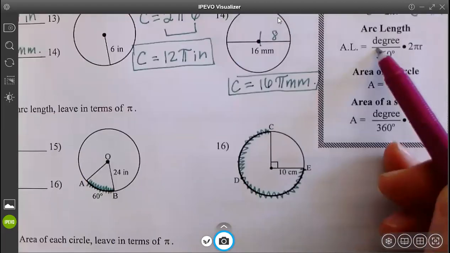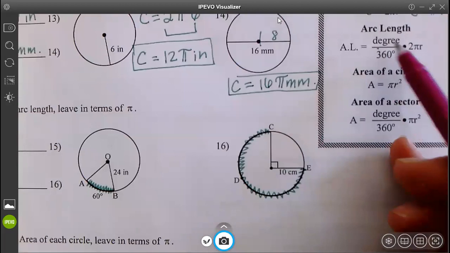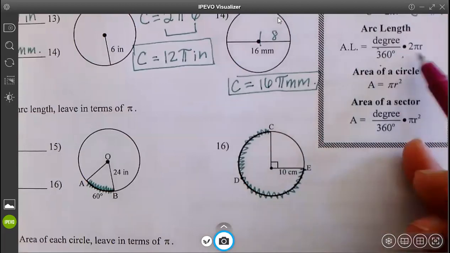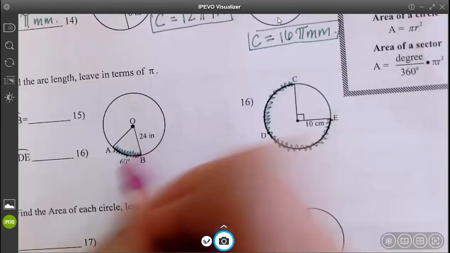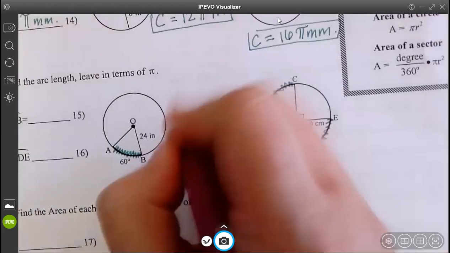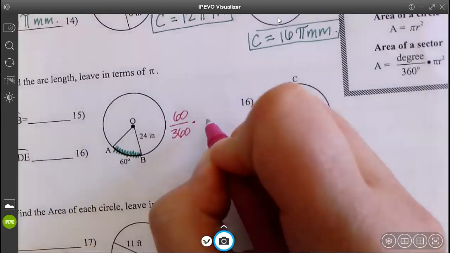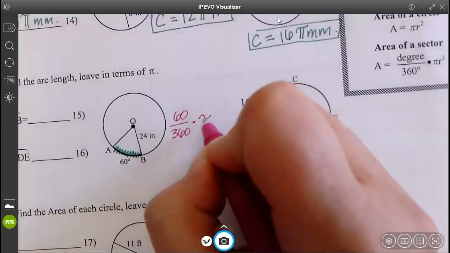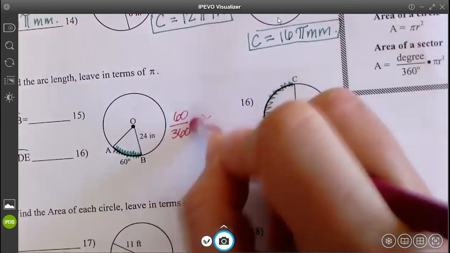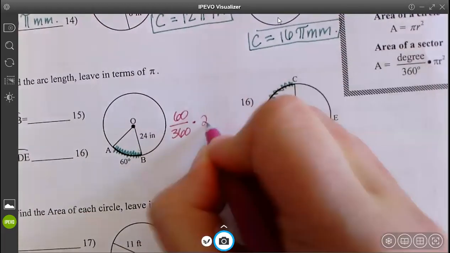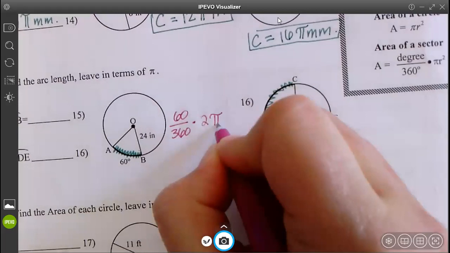So arc length would be degree over 360 times your circumference, which is 2 pi r. So degree here is 60 degrees over 360 times 2 times pi times your radius, which is 24.